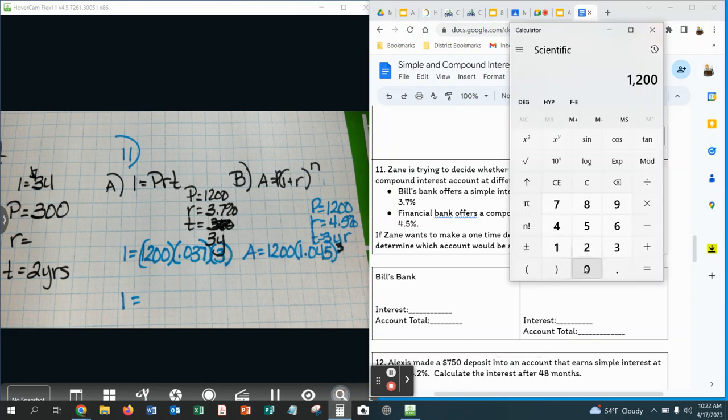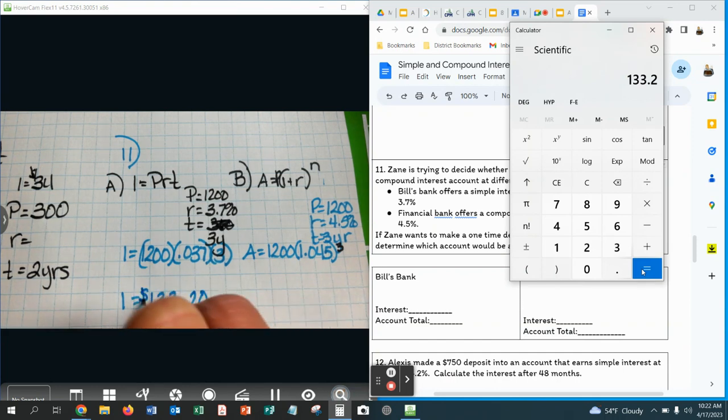1,200 times 0.037 times 3 equals, okay, so your interest is $133.20.